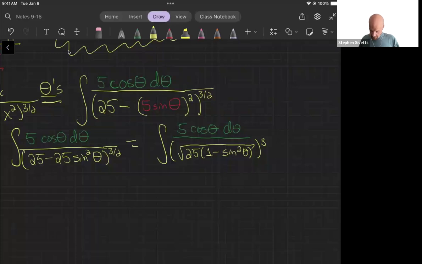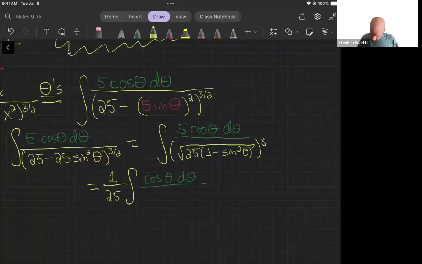But if you notice, the square root of 25 is 5, and the square root of 1 minus sine squared theta is just cosine of theta. So we will have 1 over 5 cubed, which will be 1/25 on the outside of the integral, times the integral of the numerator and denominator in its entirety.